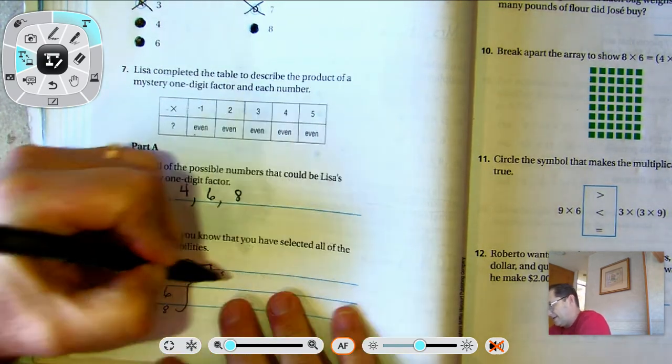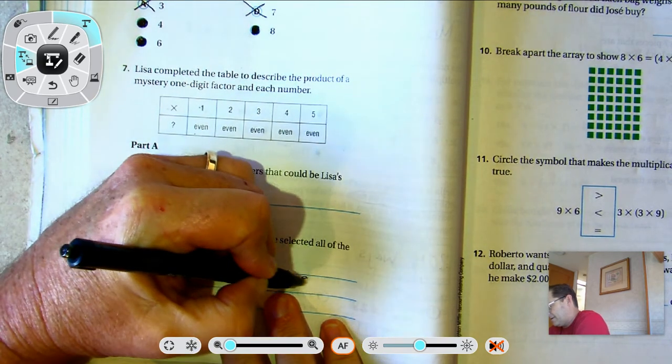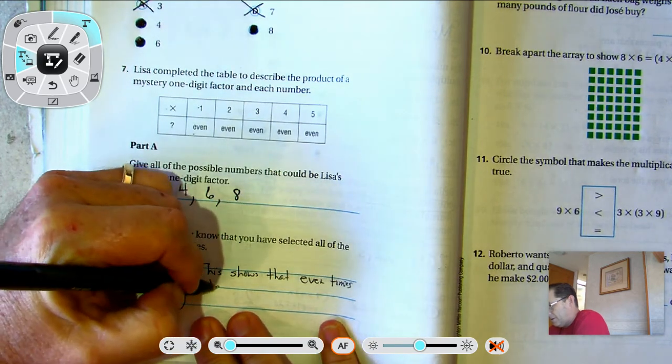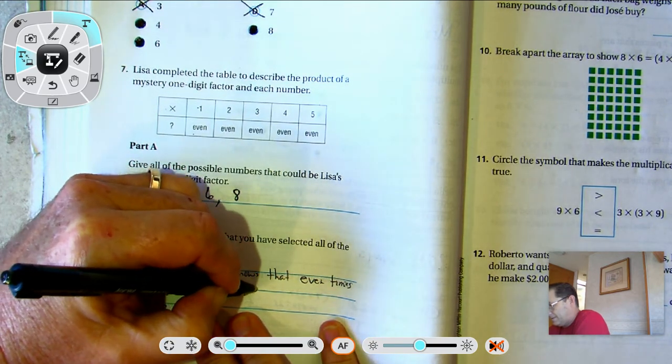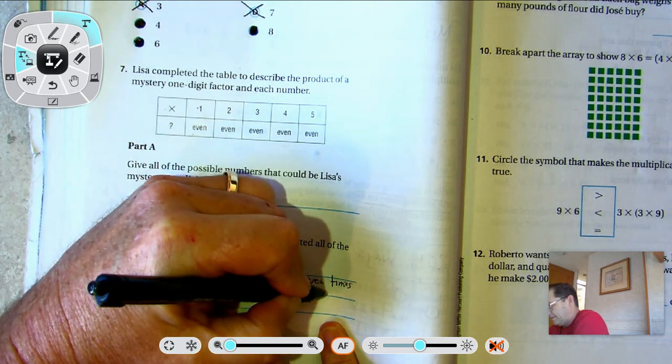This shows that even times odd equals an even product.